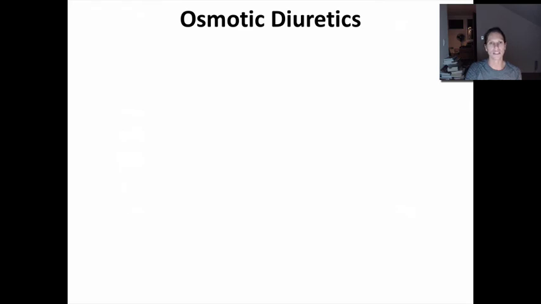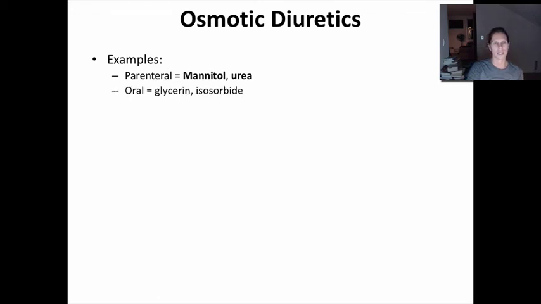Okay, so the last ones here are the osmotic diuretics. The osmotic diuretics are mannitol or urea given parenterally. You can give somebody some sort of sugar orally, glycerin or isosorbide. In all cases, those things are not absorbable. They don't move from where you place them.